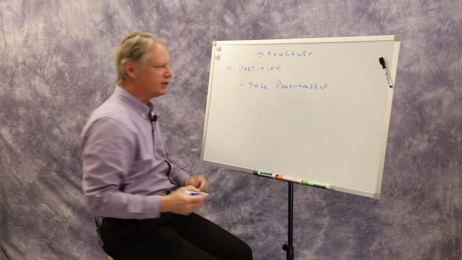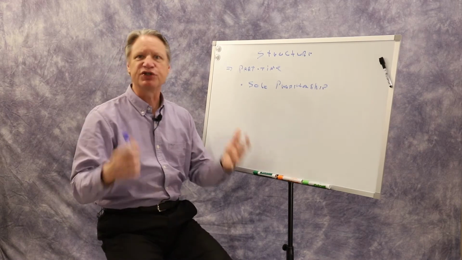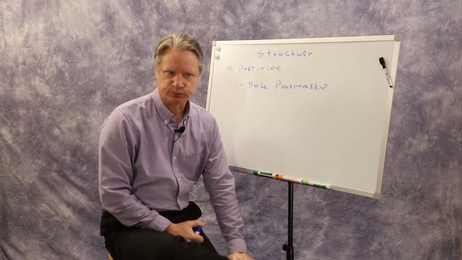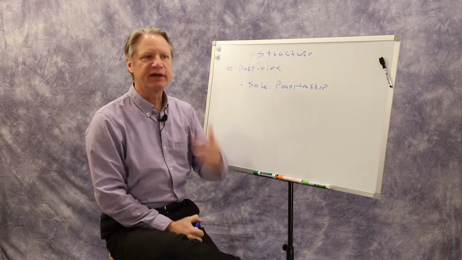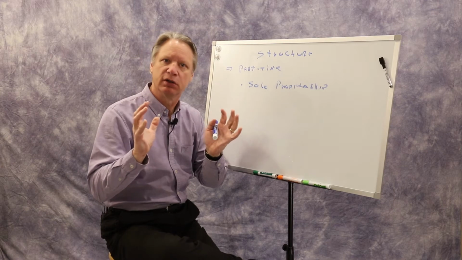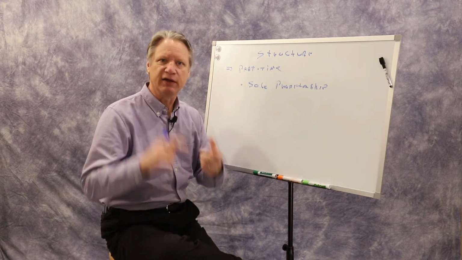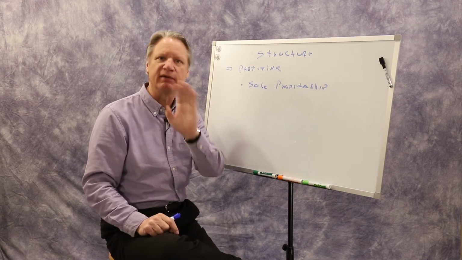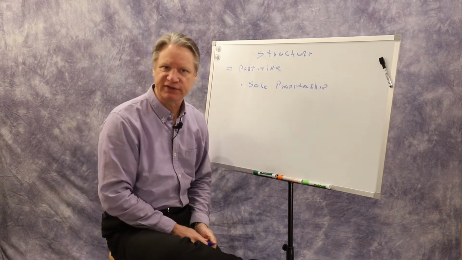S-H-I-P, sole proprietorship. So that means it's just you, right? But that also means from a liability and from a tax and from a basic structure point of view that your business and you are the same person. Now that sounds strange, but bear with me as we get into this today. You'll see what I mean.